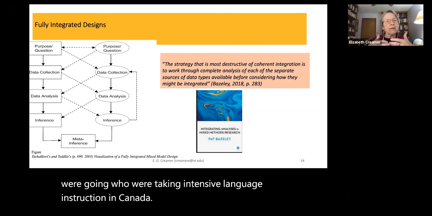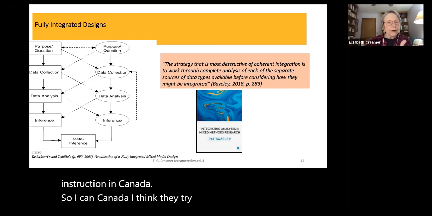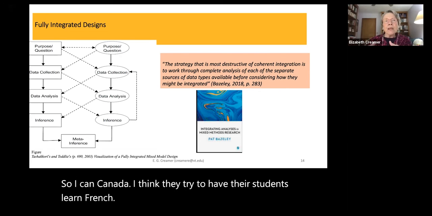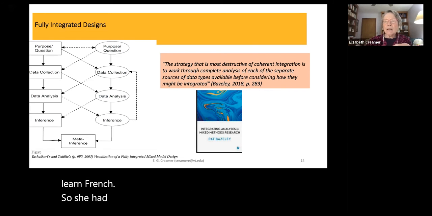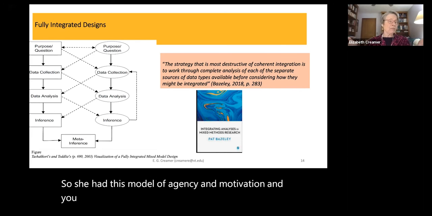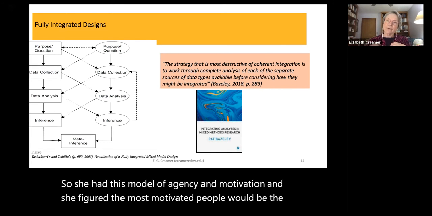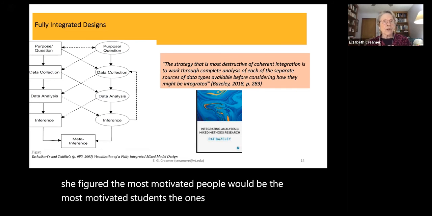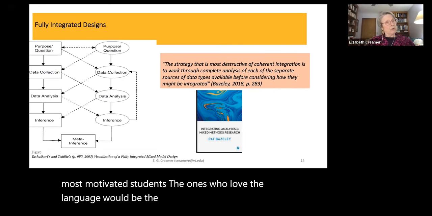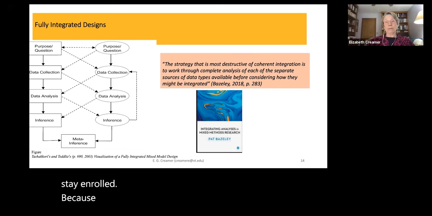I think in Canada they try to have their students learn French. So she had this model of agency and motivation, and she figured the most motivated students, the ones who love the language, would be the ones most likely to stay enrolled, because this was an optional program.